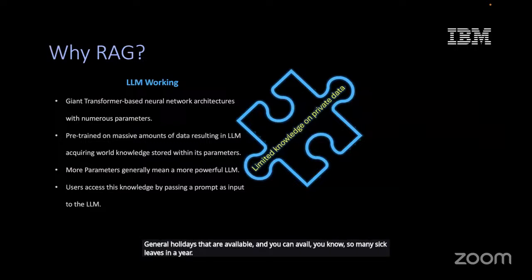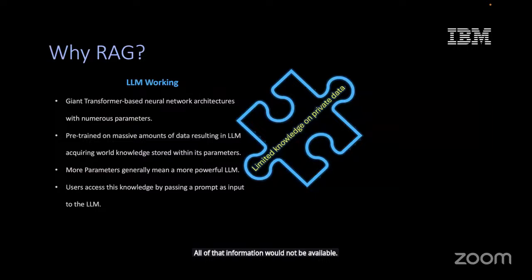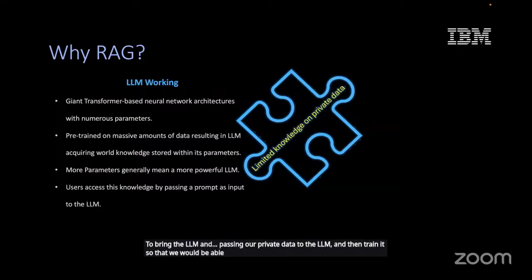All of that information would not be available. That information is known as private data. So not all LLMs are trained on private data, and it would require us to bring in the LLM, pass our private data to it, and then train it so that we would be able to interact with the LLM using the information that we have.